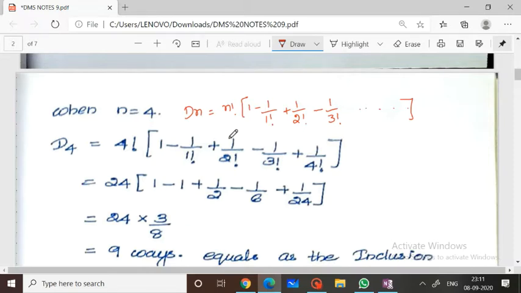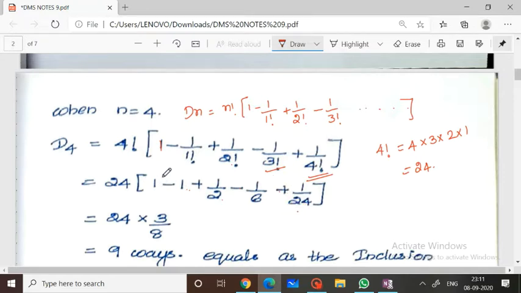So 4 factorial into 1 minus 1 by 1 factorial plus 1 by 2 factorial minus 1 by 3 factorial plus 1 by 4 factorial. We know that 4 factorial is 4 into 3 into 2 into 1, which is 24. So 1 minus 1, since 1 factorial is 1, plus 1 by 2, since 2 factorial is 2, minus 1 by 6, since 3 factorial is 6, plus 1 by 24, since 4 factorial is 24.